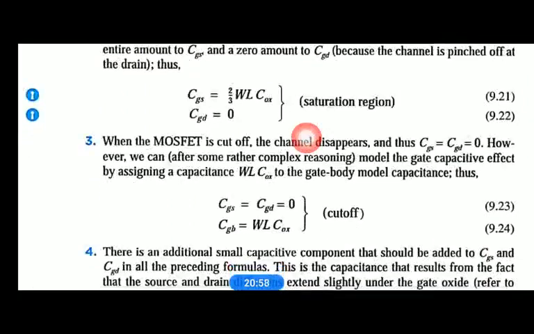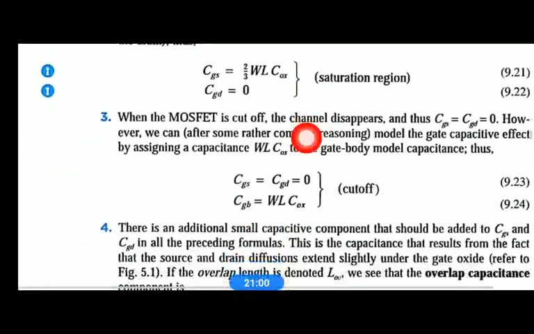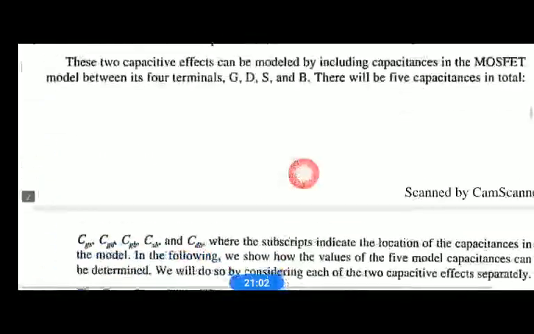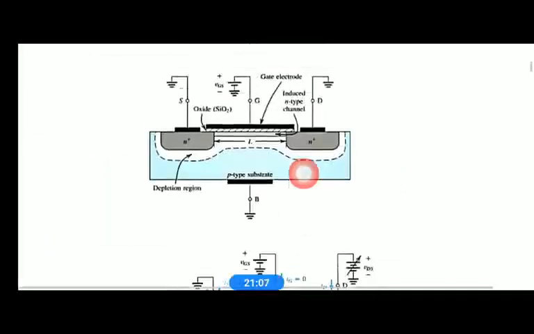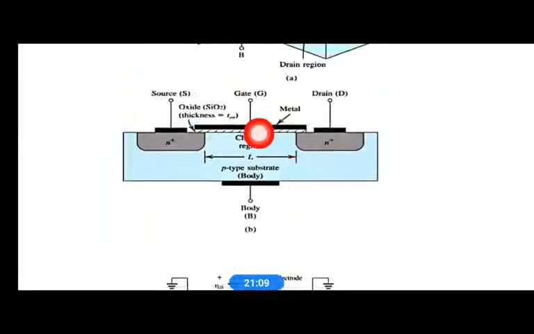When you go to the MOSFET at cutoff, when nothing is applied to the gate, no channel is formed between source and drain, no N channel.